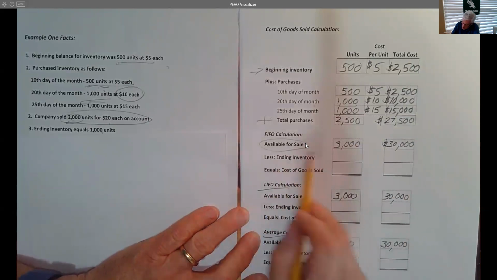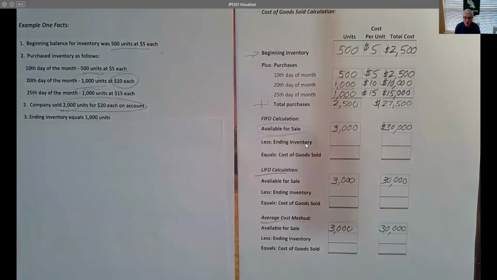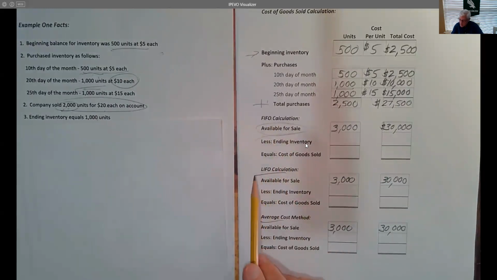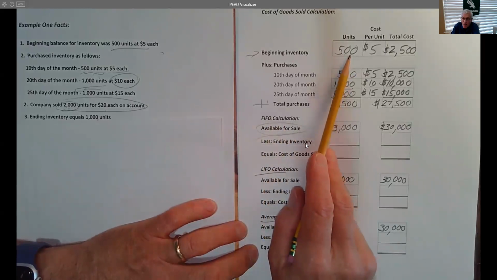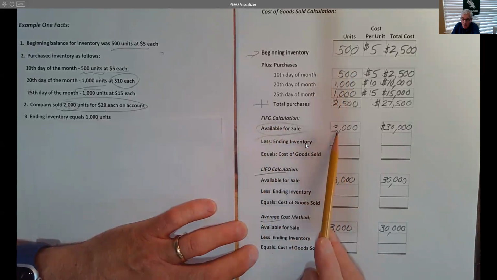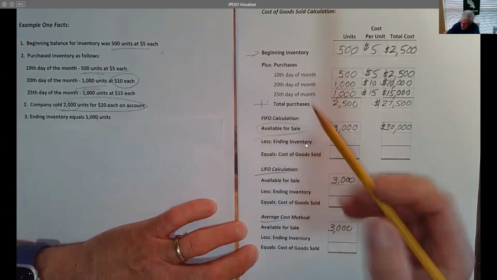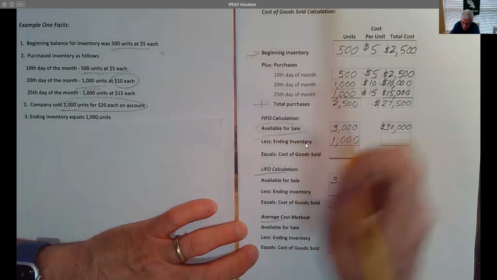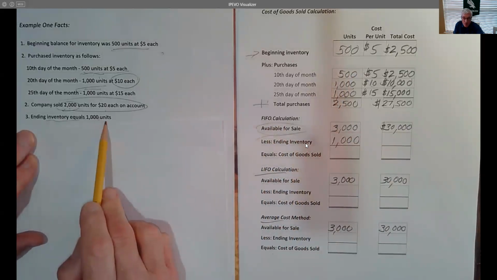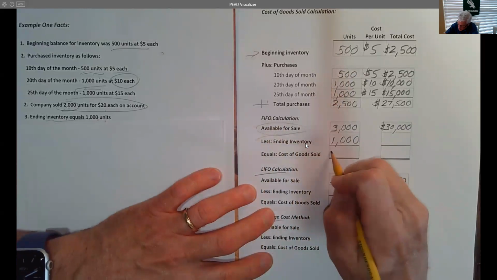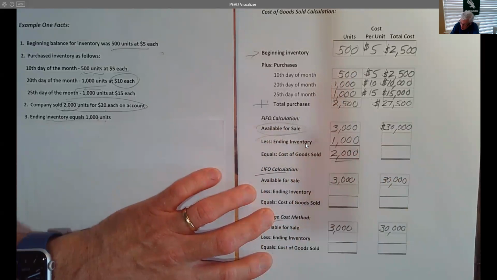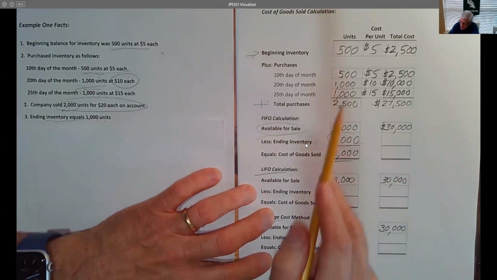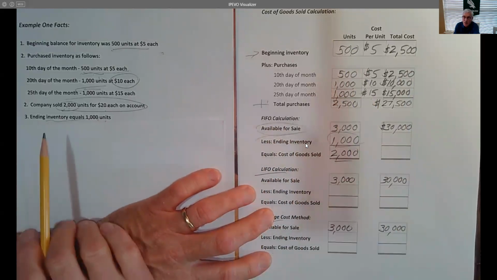What we now have to do is value the ending inventory on these 3 different assumptions. First in, first out. Okay, the first ones in, the beginning inventory, they're gone. So we had 3,000 available for sale. We're looking for, by the way, 1,000 in ending inventory, and I'm pulling that. Ending inventory equals 1,000 units. And so units sold were 2,000. But which 1,000 are left? Under FIFO, first one's in, first one's out, the last ones are still there.